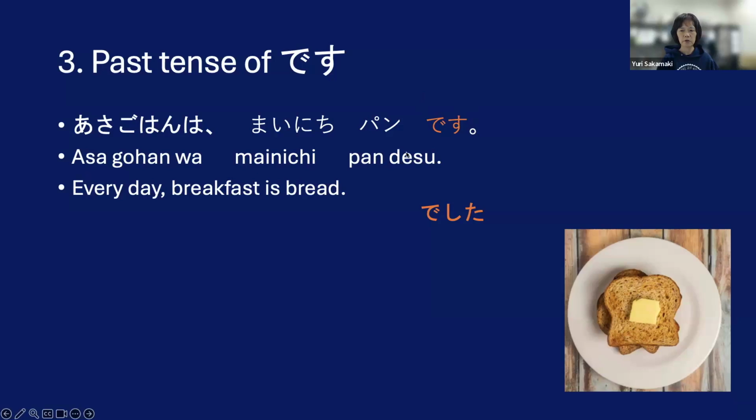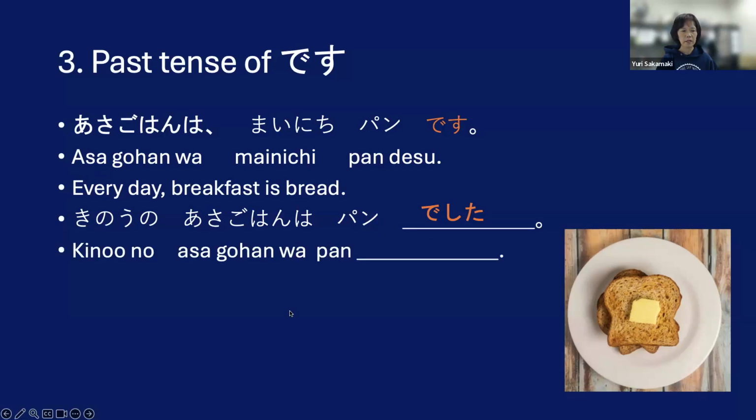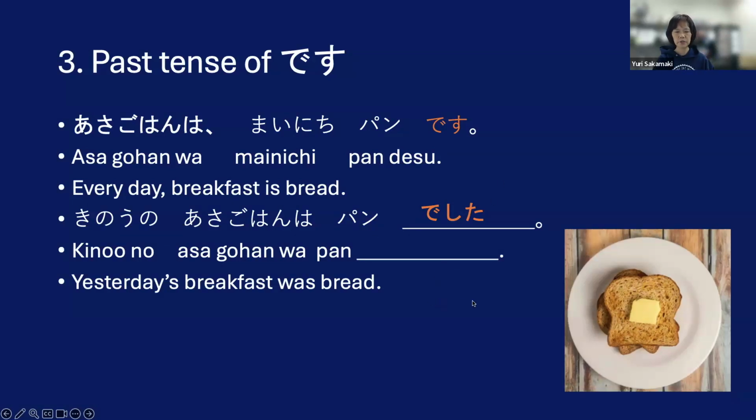But if you want to say about yesterday's breakfast, 昨日の朝ごはんはパン, then it was, right? It was bread. I ate bread. 昨日の朝ごはんはパンでした. So that's how you can use でした. When something already happened, it was something else, then you can use でした.